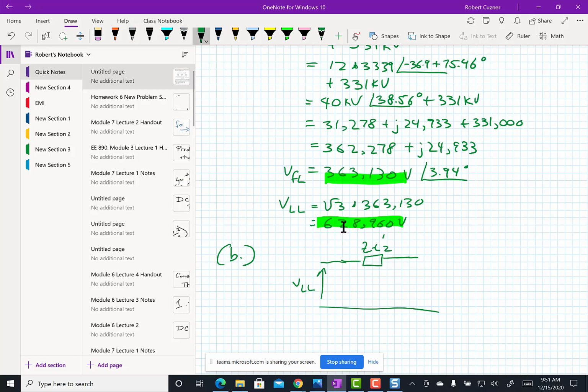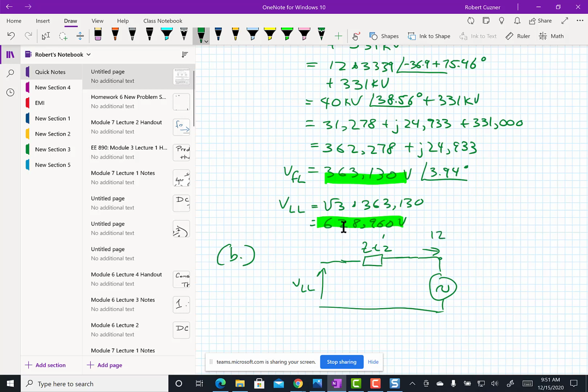It's not a lot of work here, but no one did this. It's still, you've got to pay attention to what you're doing here. We know the voltage and we know the current. Let's start with the current.